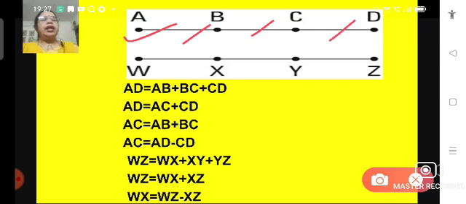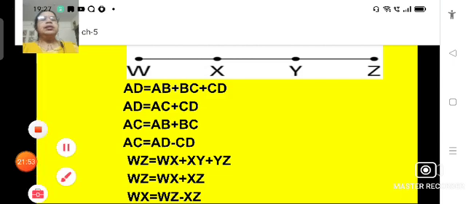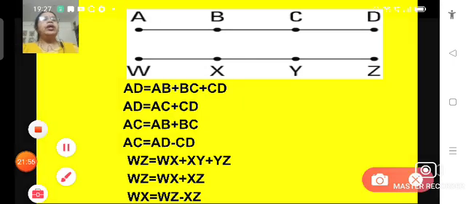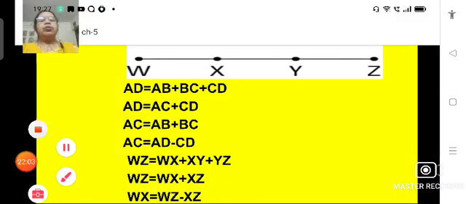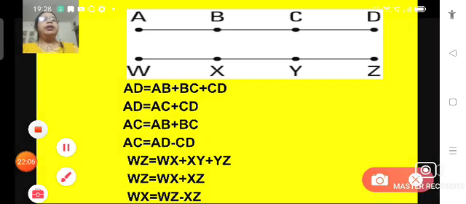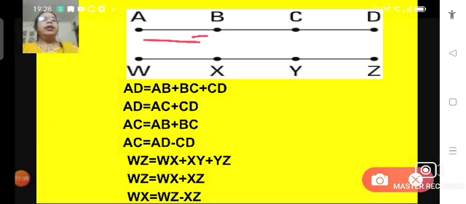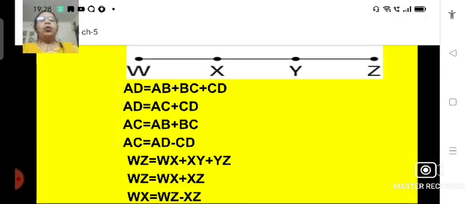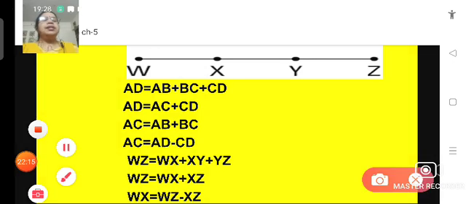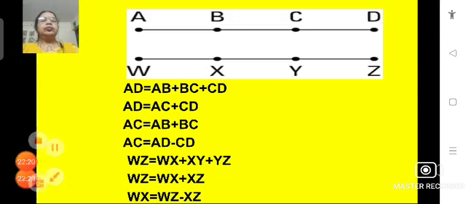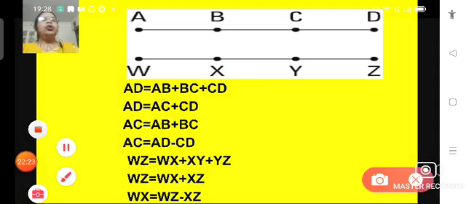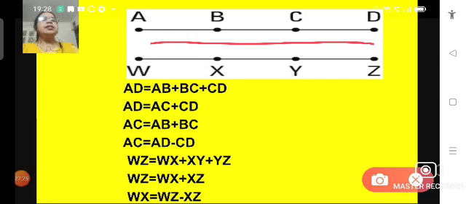Similarly, AD will be equal to AC plus CD, and similarly AC will be equal to AB plus BC, and AC will also be equal to AD minus CD.